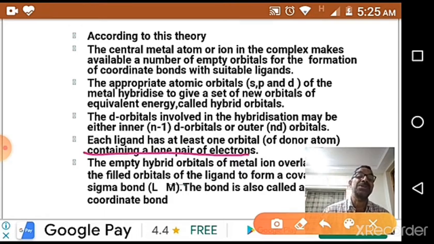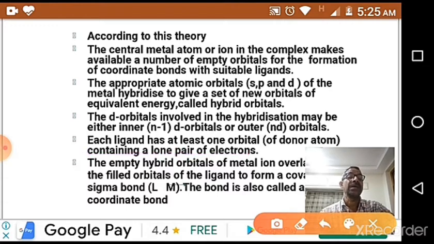So that is mentioned in this point. Each ligand has at least one orbital of the donor atom containing a lone pair of electrons.